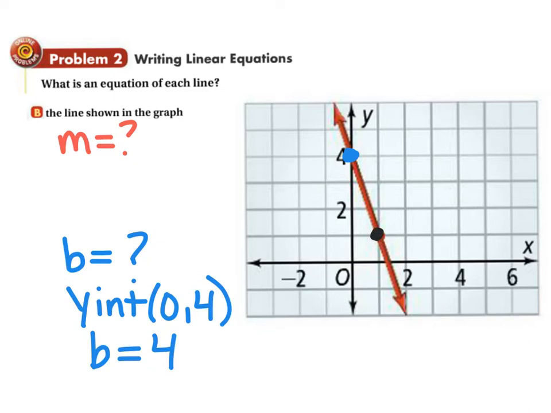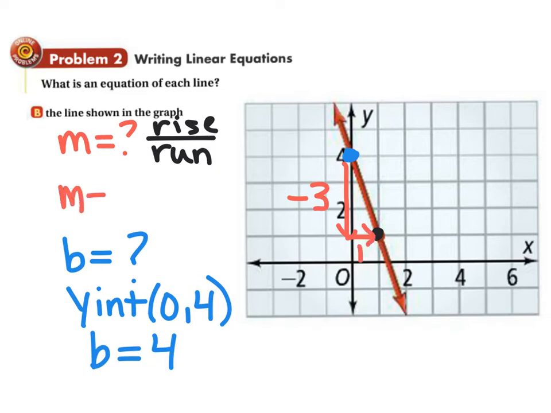Remember that slope is always rise over run. In this case, I'm first going to move down 1, 2, 3 units, and since I'm moving down, it's negative 3. I'm moving over 1 unit. So my slope is negative 3 over 1, which simplifies to just negative 3.